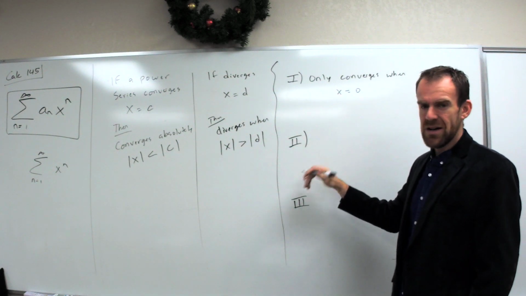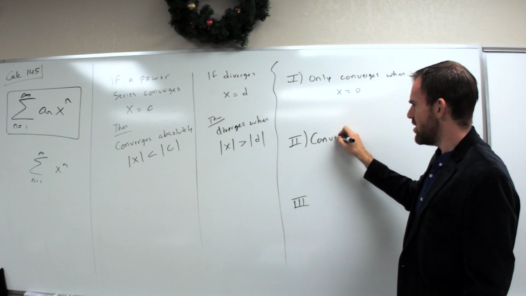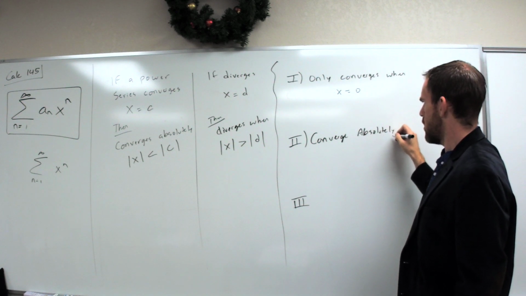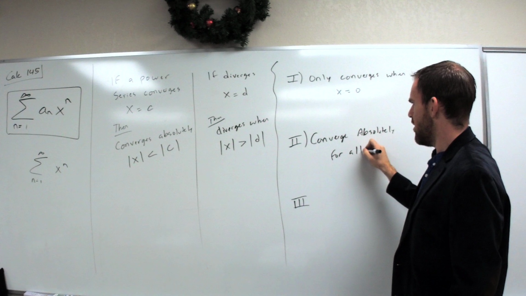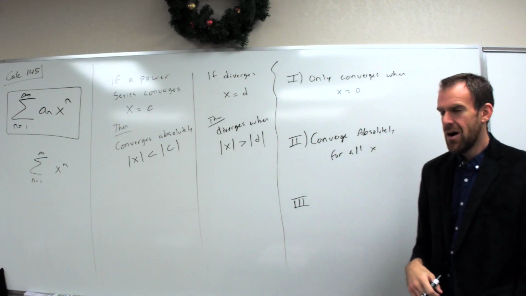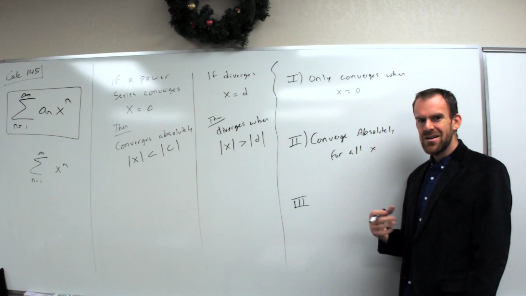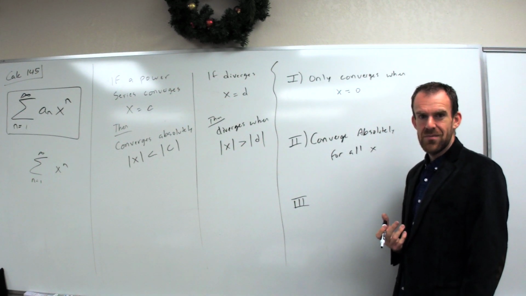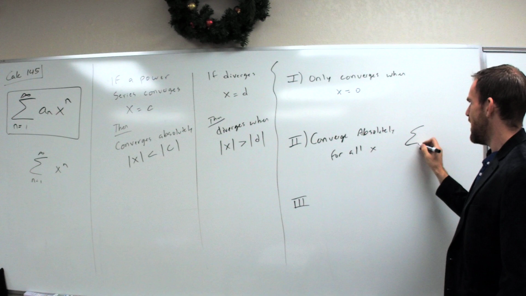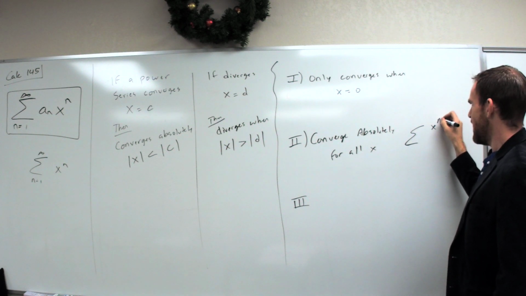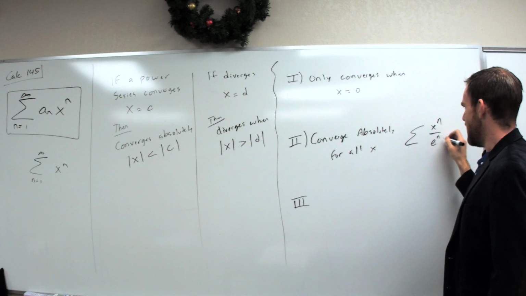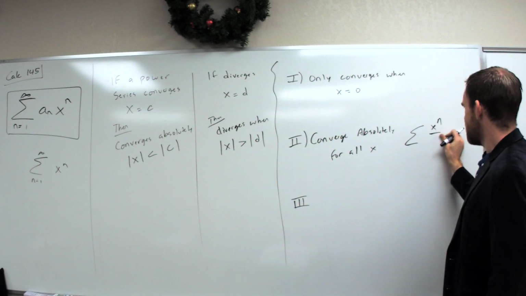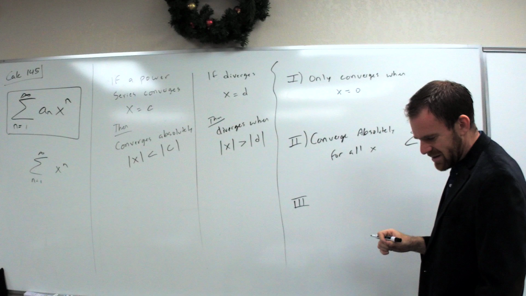Next, the series converges absolutely for all x. So our second possible option is that we converge absolutely for all x. Maybe the a_n contributes something where x to the n is inconsequential. For example, if you had x to the n over... All right, well, we'll do an example in a second.